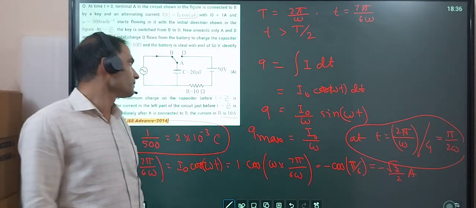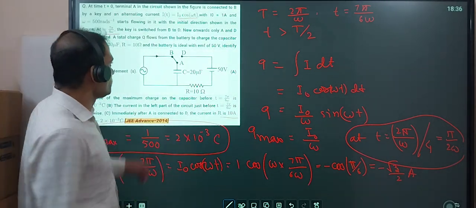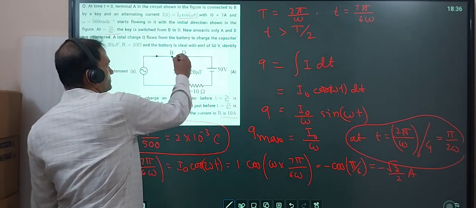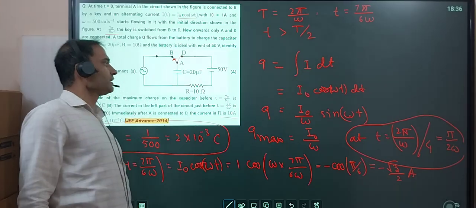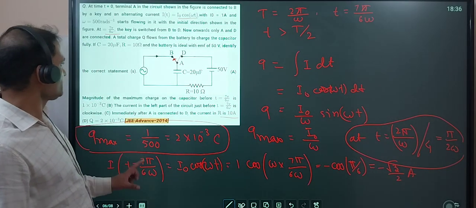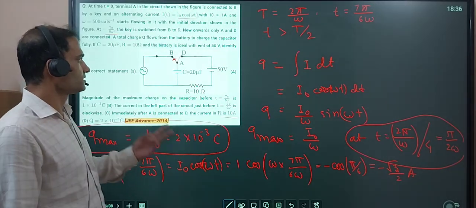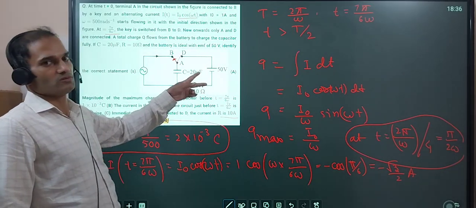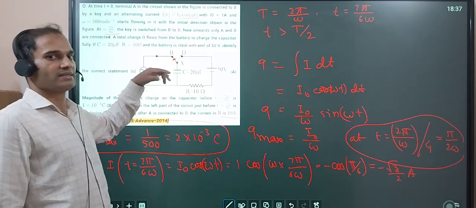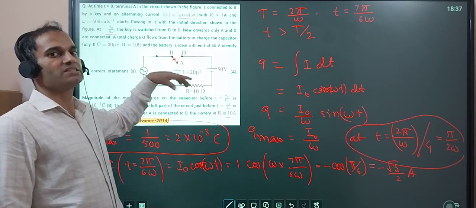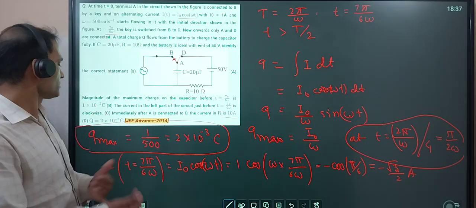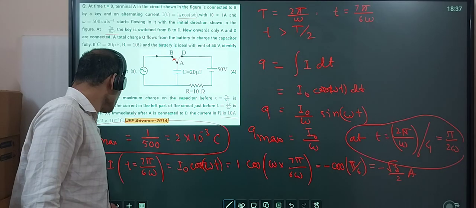Now see, once this is connected and this is disconnected, what will happen? Current in this circuit will depend on two things: this voltage, and voltage across the capacitor, that means charge across the capacitor. So we will do it.